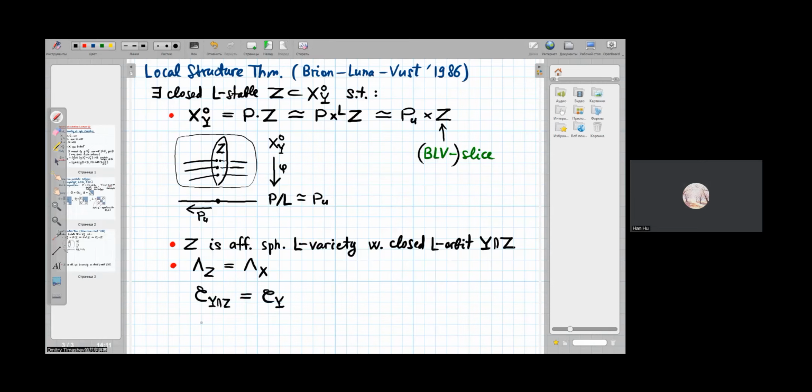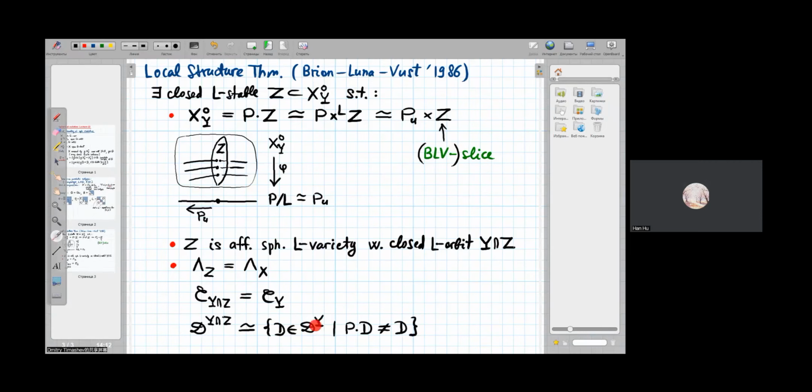And also, the set of colors in Z containing the closed orbit Y intersect Z can be naturally identified with the set of colors on X containing the orbit Y, such that they are not stable under the parabolic P. So the weight lattices are the same, the cones are the same, and the set of colors may become smaller.